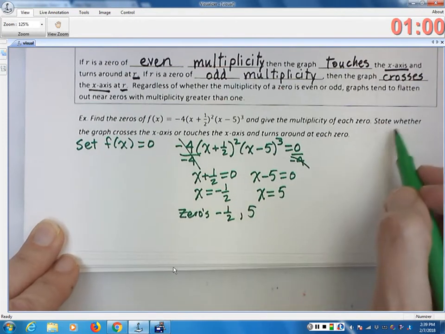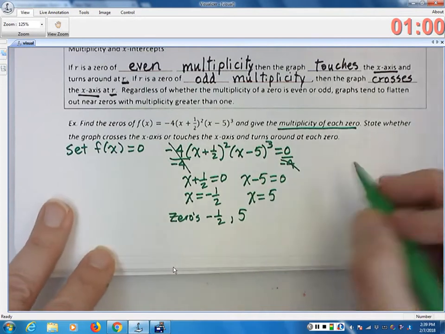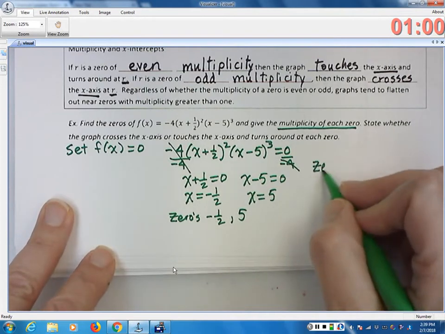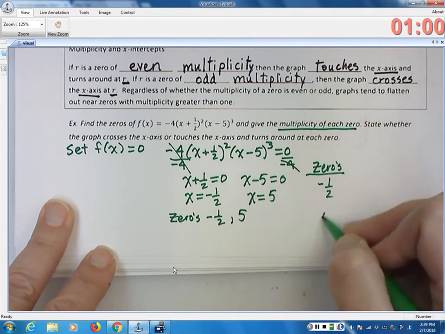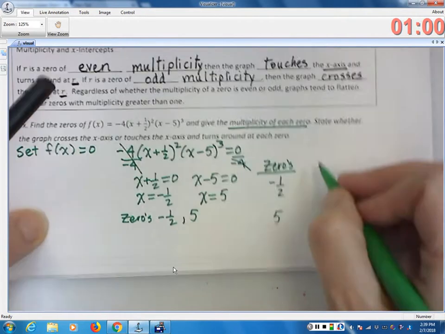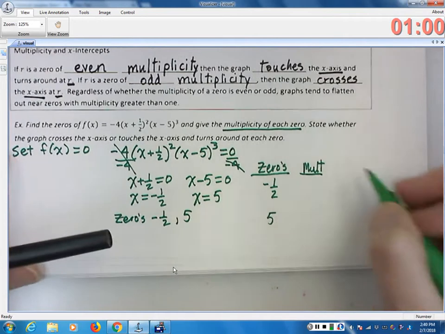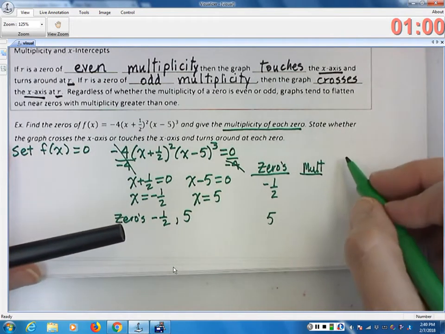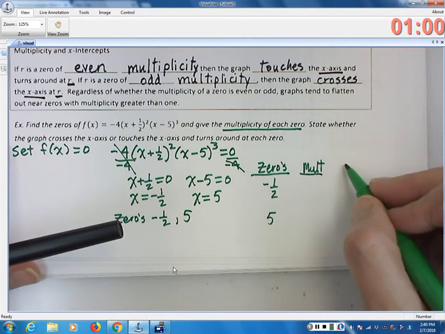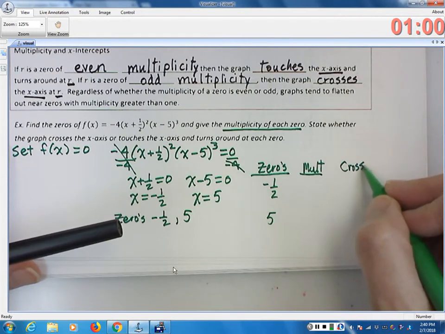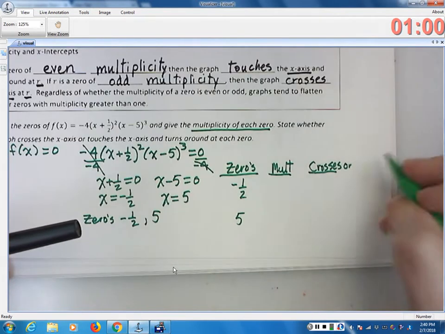Now it says state the multiplicity of each zero. So let's make a chart. We're going to have our zeros, minus a half and 5. We're going to write down our multiplicities. And then we're going to state whether it crosses the x-axis or touches and turns around.